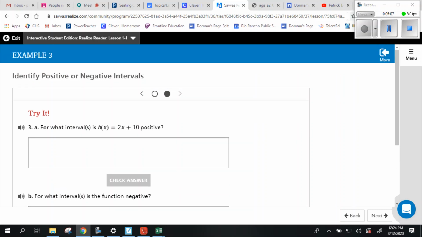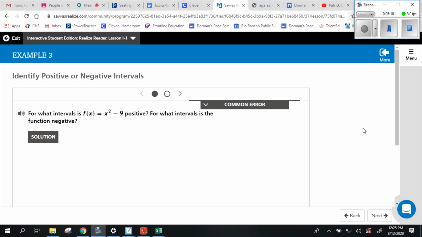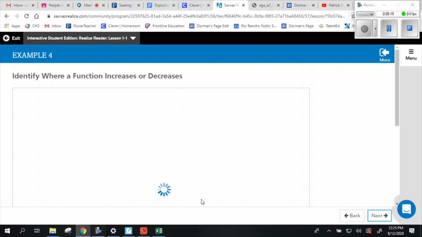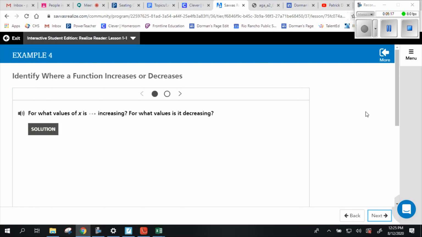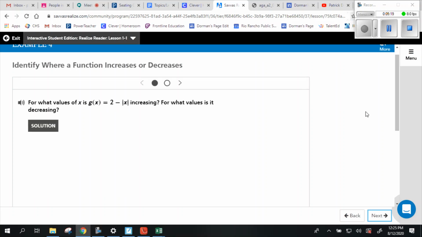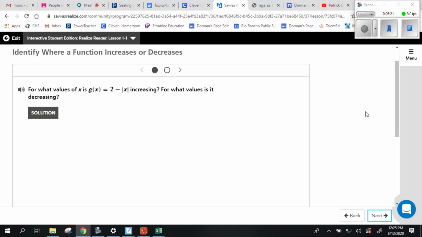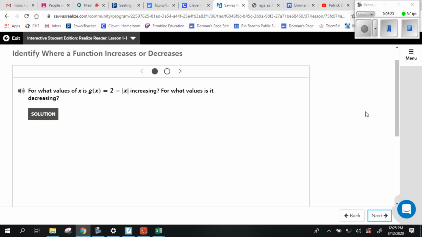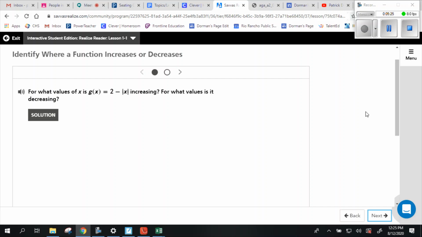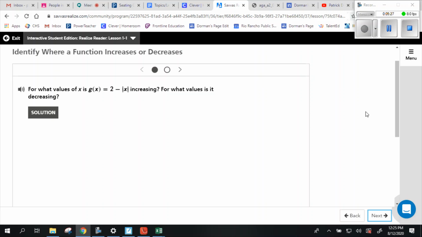So the next thing for us to look at is identifying the intervals where a function is increasing or decreasing. Let's do the same thing that we were doing before. Let's look at the graph of the function g of x equals -2 minus the absolute value of x.